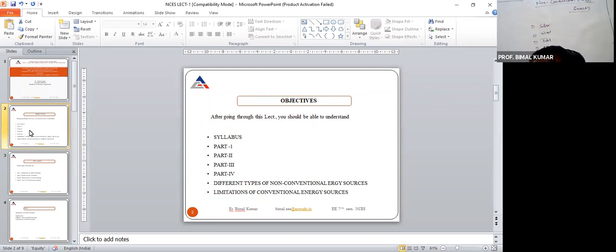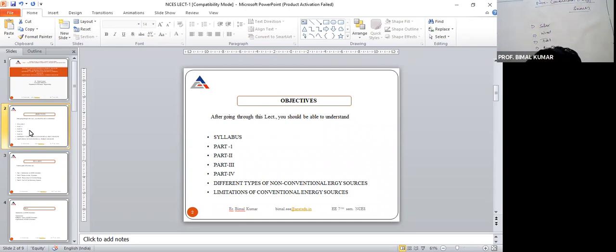If by any means we are able to convert these non-conventional sources of energy into electrical energy, then it will be very beneficial for human beings, because our load is not going to stop even after a decade or even after two decades. The load is going to increase day by day.